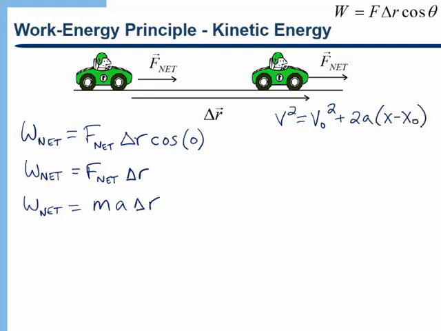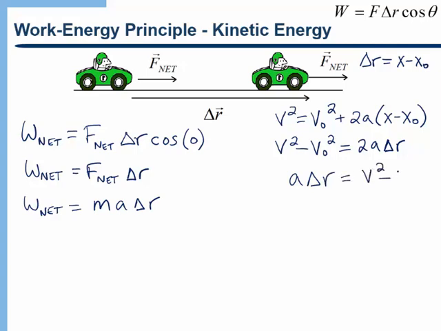Notice, though, x minus x naught is just what we now mean by delta r. It's just the displacement. So I'll rewrite that, and I'm going to bring the v naught squared to the other side. So I have v squared minus v naught squared is equal to 2a delta r, or a delta r is equal to (v squared minus v naught squared) over 2.